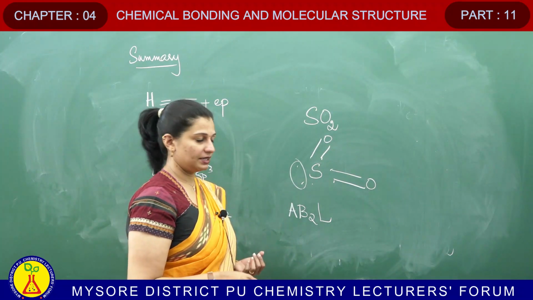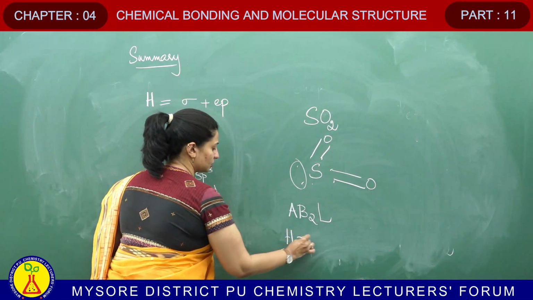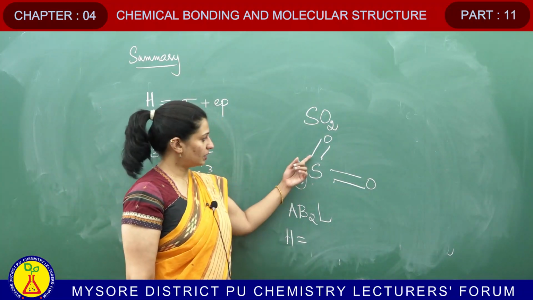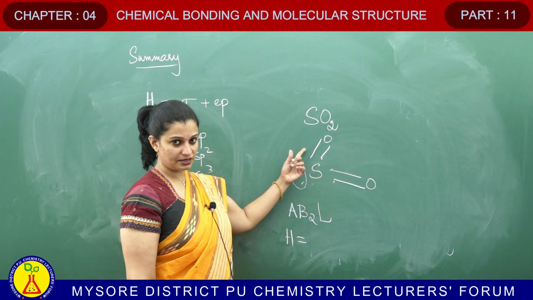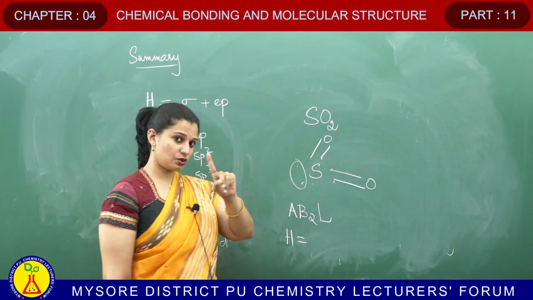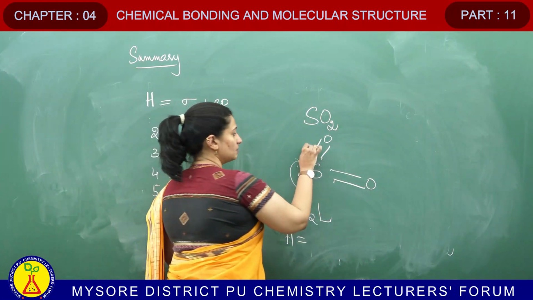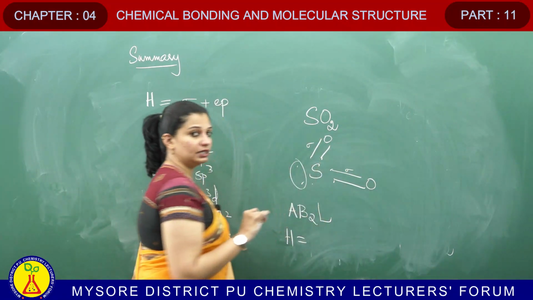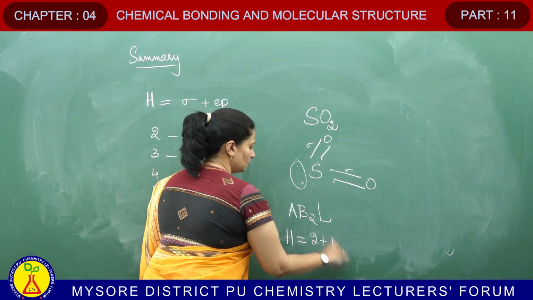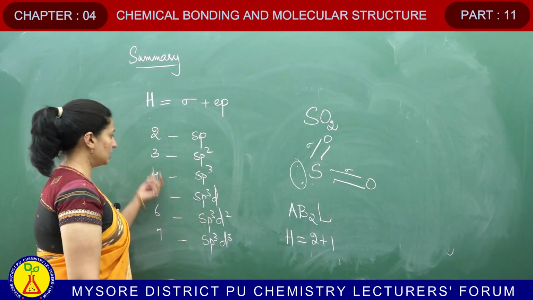What about the hybridization? Let's check out the hybridization. Remember, you are supposed to count only the sigma bonds. In a double bond, one will be sigma and the other will be pi. So I will not count both the bonds, I will count only one bond. So one sigma here and another sigma here. So I have 2 sigma bonds and I have a lone pair. So 2 plus 1 gives me a value of 3.